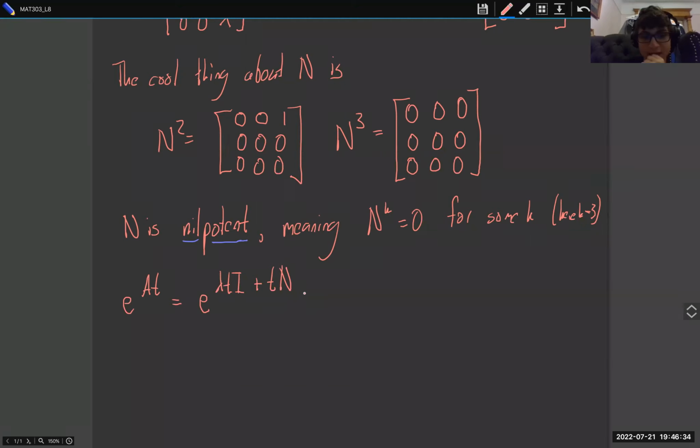I would say yes, because the identity matrix commutes with everything. When you do matrix multiplication with the identity matrix, it doesn't change the matrix. That's the property of the identity matrix.